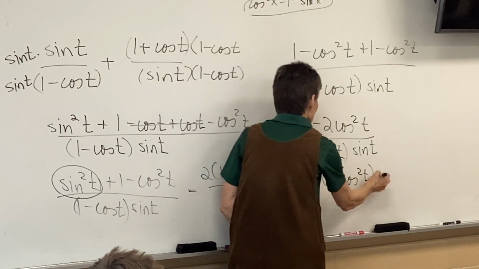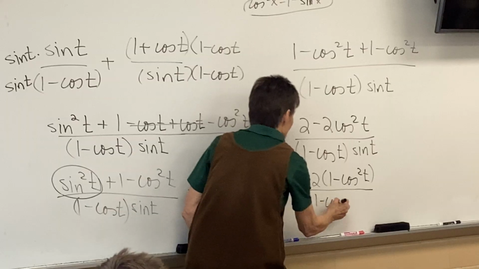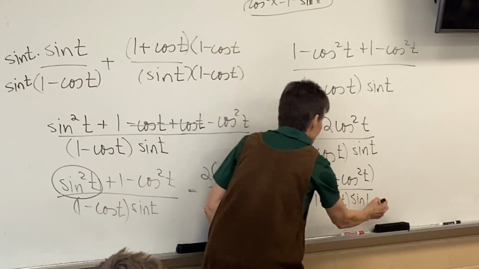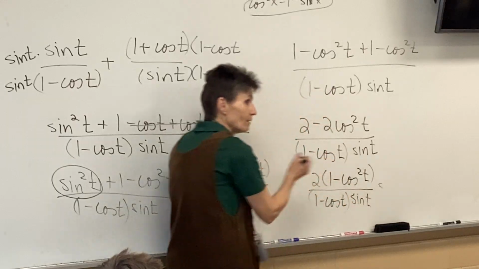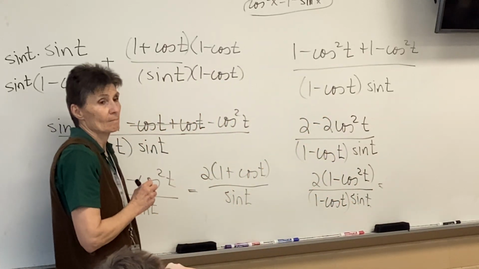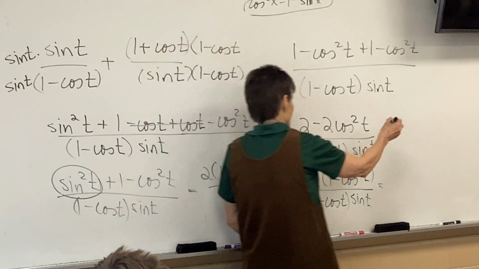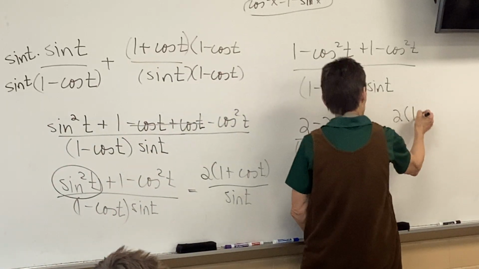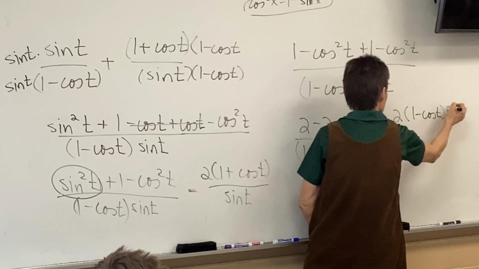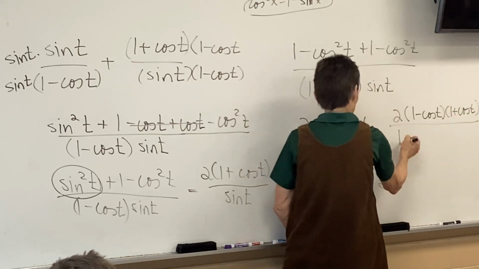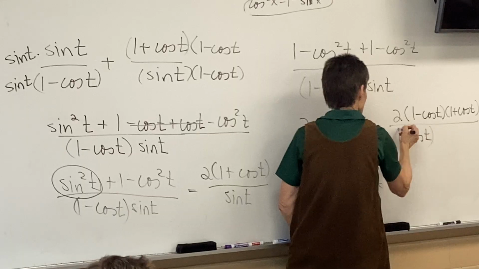And then what does that leave me with? It leaves me with the difference of squares right here. So 2 times 1 minus cosine times 1 plus cosine, over 1 minus cosine times sine.